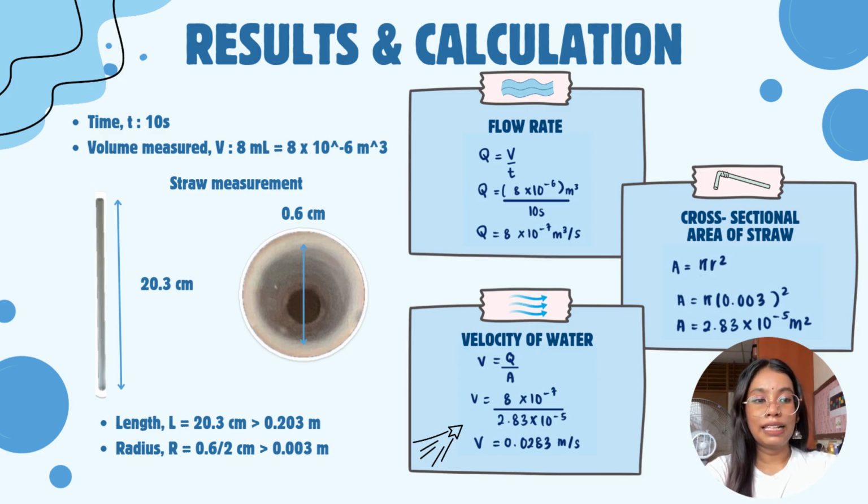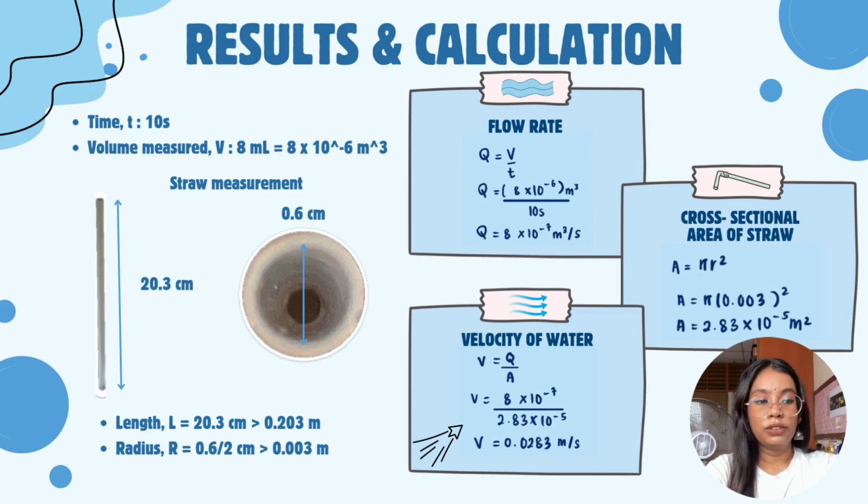Then we calculate the cross-sectional area of the straw. A equals pi r squared. A equals pi times 0.003 squared. So the area we got is 2.83 times 10 to the power of negative 5 square meters.